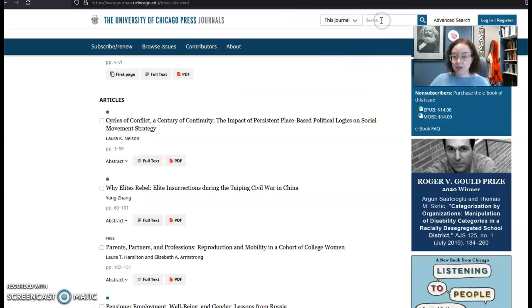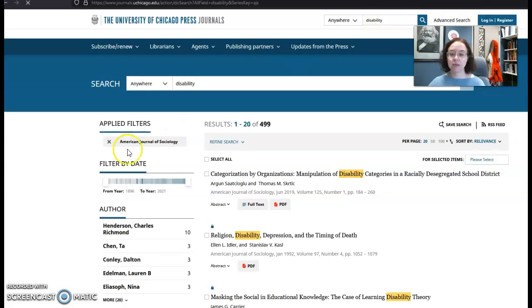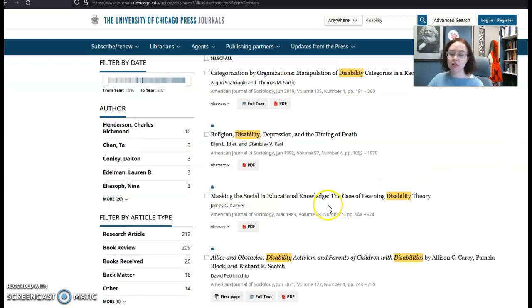You can always search within this journal, right? So let's say that you are looking at issues of disability. I'm thinking about Dacia's project here as I'm typing this in. You can look and see religion, disability, depression, probably doesn't help. Categorization by organization, manipulation of disability categories, maybe that's something that Dacia might want to read or save.